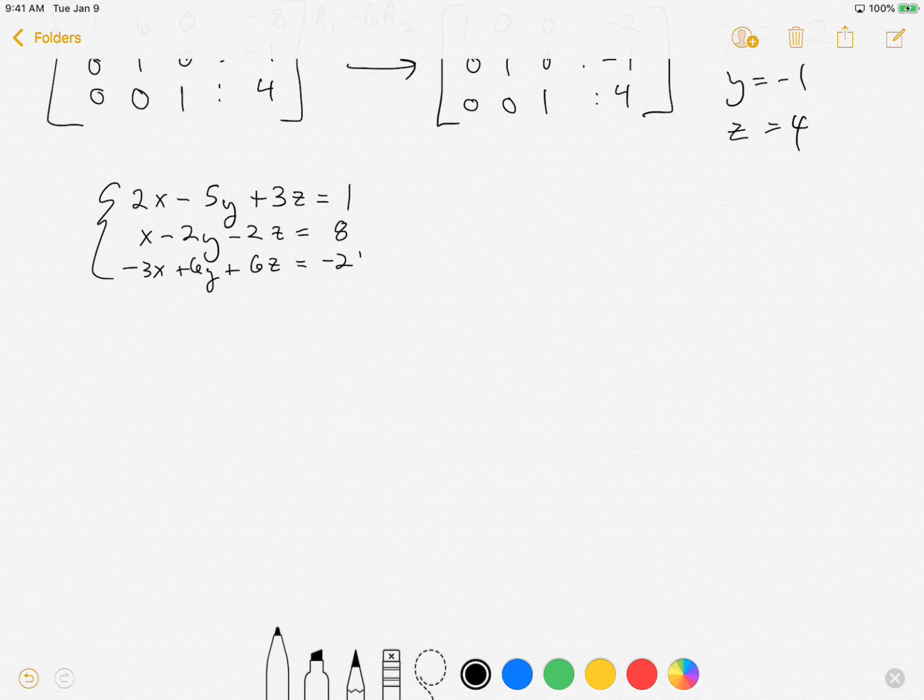Okay, now we talked about dependent and inconsistent systems whenever I solve them with systems, and it really shows up the same way with matrices. So I just want to show what happens whenever you see it in a matrix instead of a system.